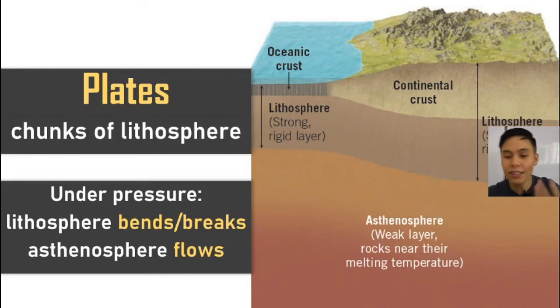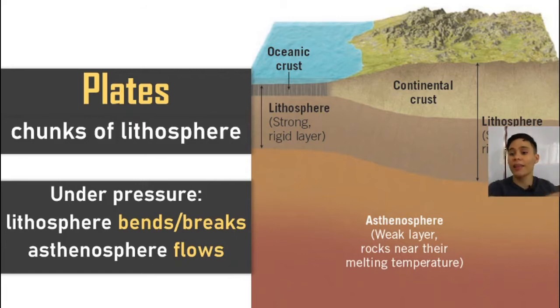We have the plates. These are actually chunks of lithosphere. Now, the lithosphere, as we discussed before, is a rigid rocky layer. And because it's rigid, the lithosphere tends to bend or to break under pressure. That's why it broke apart into plates instead of flowing like a fluid does, because that's what the asthenosphere does. It's plastic, meaning it's solid, but it works like a fluid if you look at it in a geological time scale.